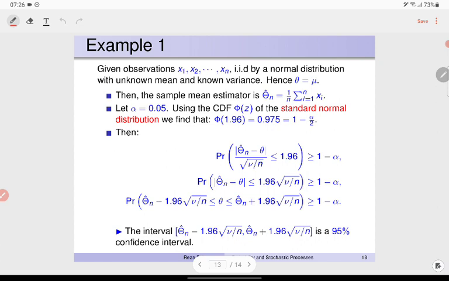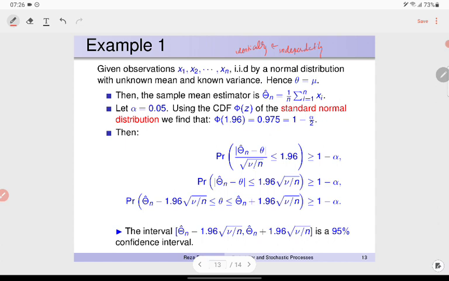Let's see an example. We are given n observations x1, x2, and so forth until xn, which are identically and independently distributed by a normal distribution with an unknown mean but with a known variance.